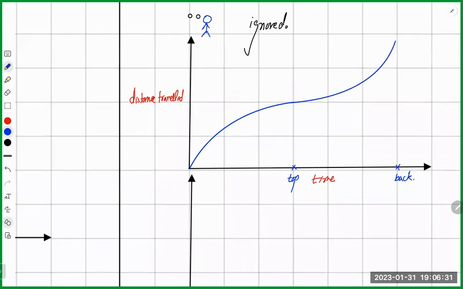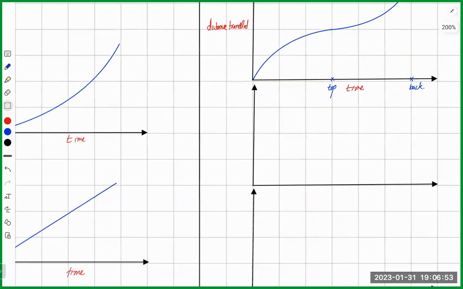There is a very simple difference between distance traveled and displacement. We are not drawing the graph of displacement. We are drawing the graph of distance traveled. So when an object goes up, it travels distance. When it is coming back down, it is traveling more distance. So this is how the graph of distance against time should look.